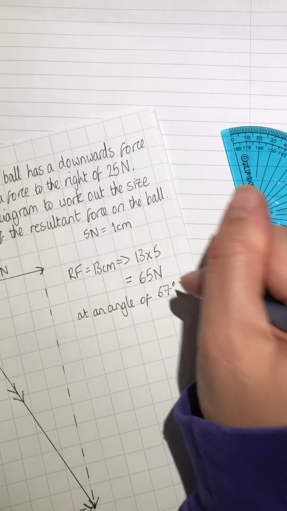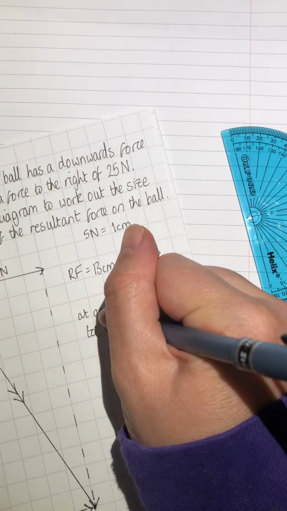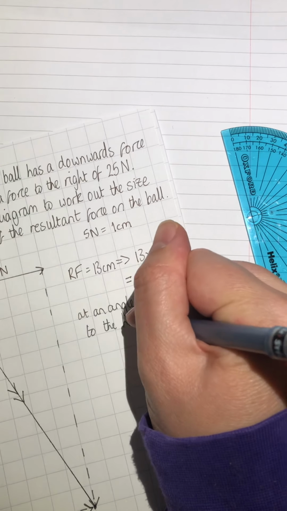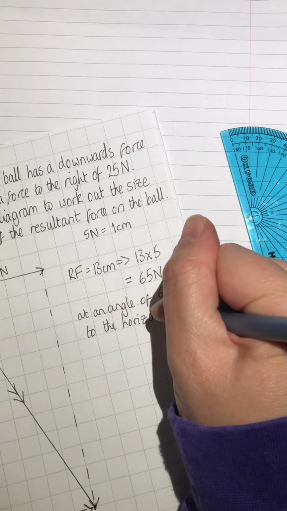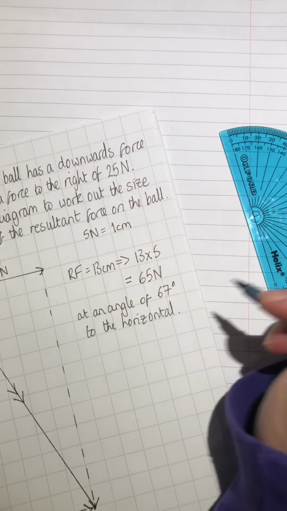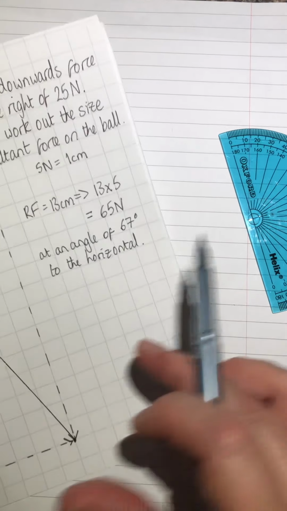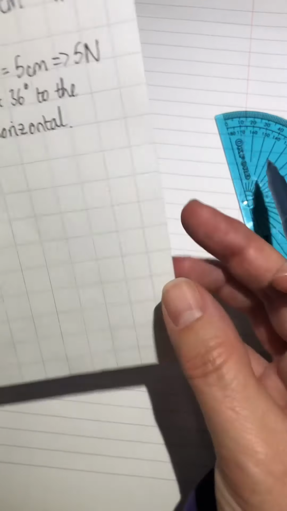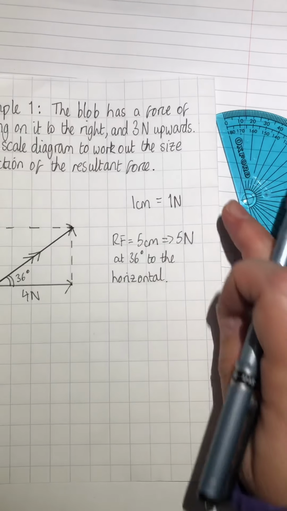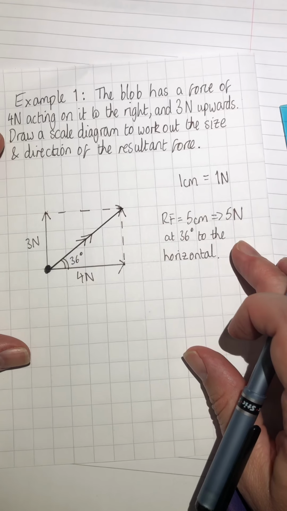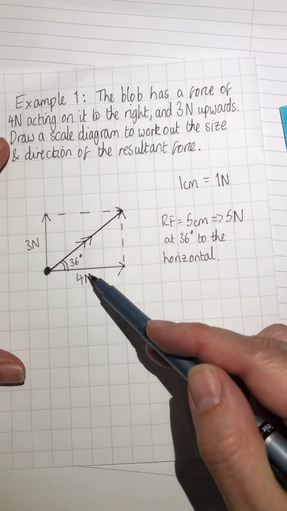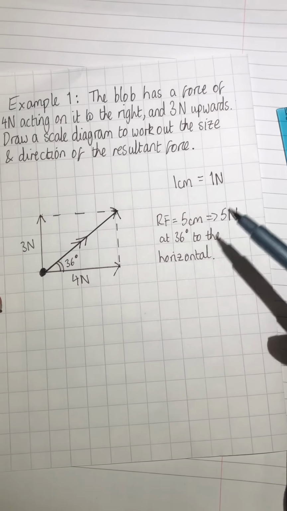At an angle of 67 degrees to the horizontal. Now if you've done bearings in maths, you could use these angles as bearings. So you could say like a bearing of 071 or whatever it is. But it's fine to say how many degrees to the horizontal or to the vertical.